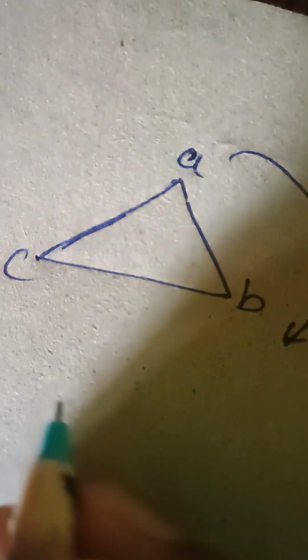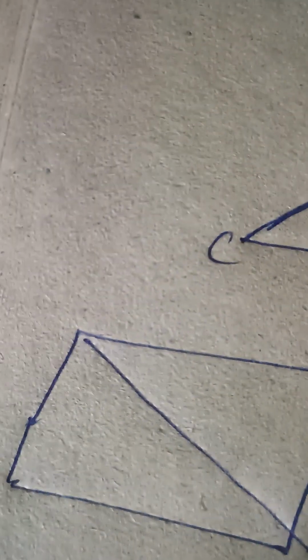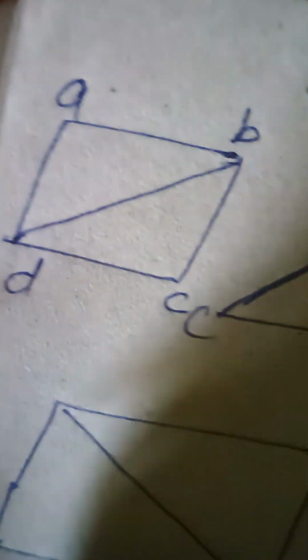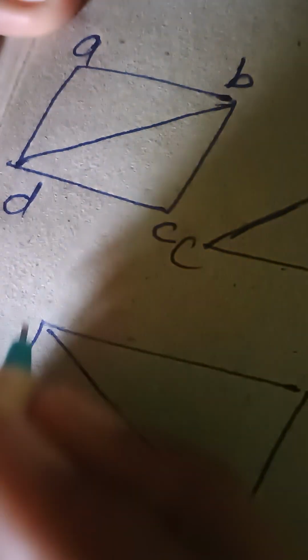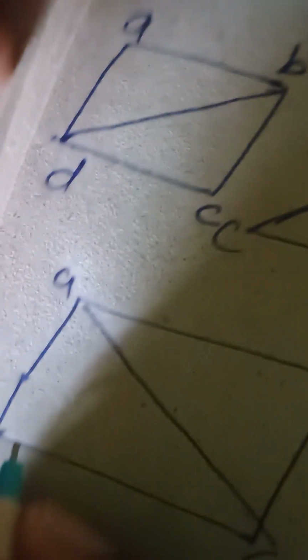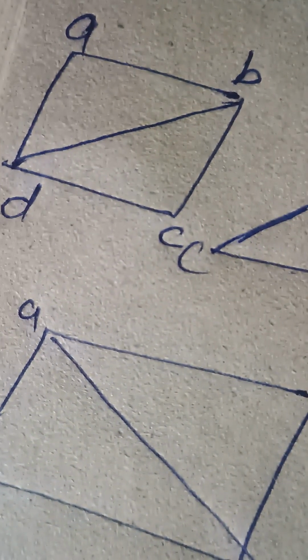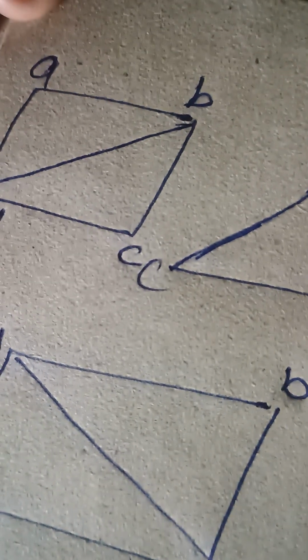Let me clear it one more time: there are two possible ways, one is this, and the other one is like this. So there are two possible ways, with A, B, C, D. For each you have to calculate the weights.